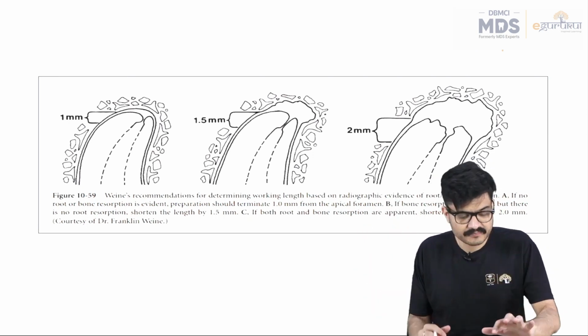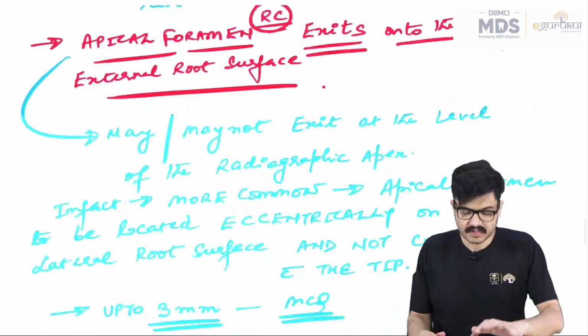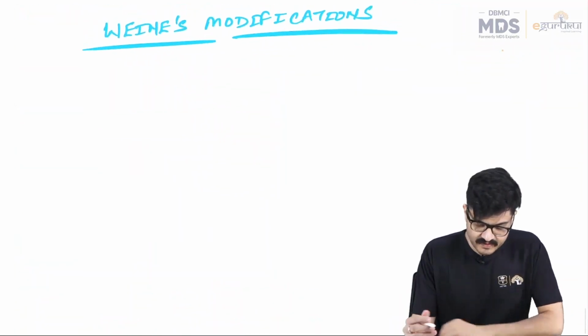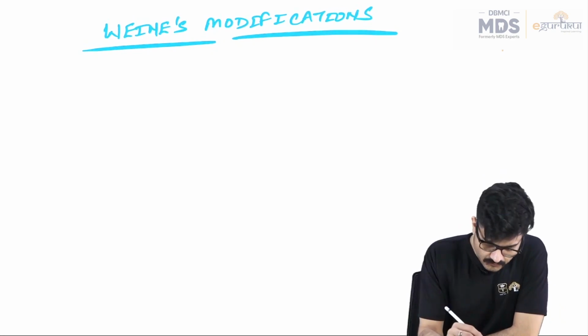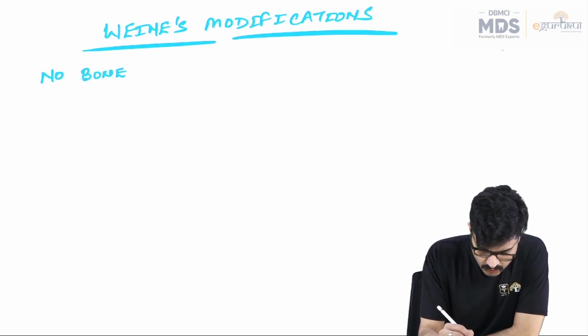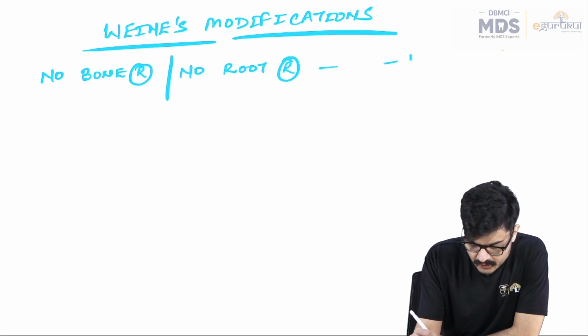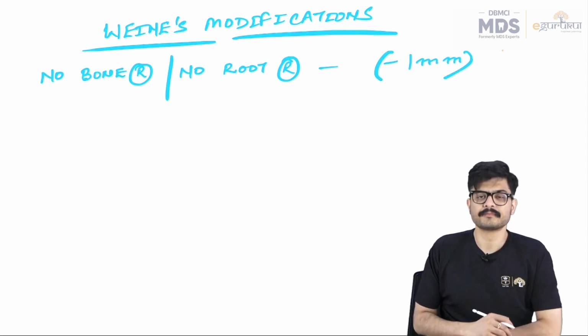So these are important MCQs. Let us just write these down. These are very volatile things, right, friends? So Wien's modification: no bone resorption and no root resorption, simply reduce by 1 mm, right?